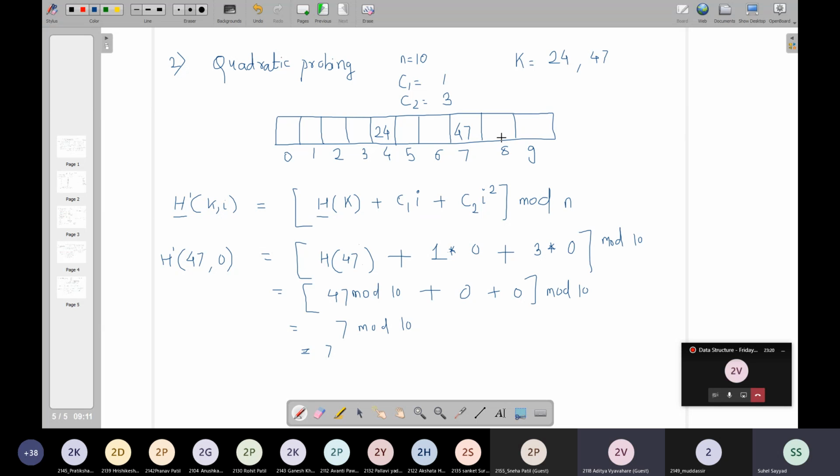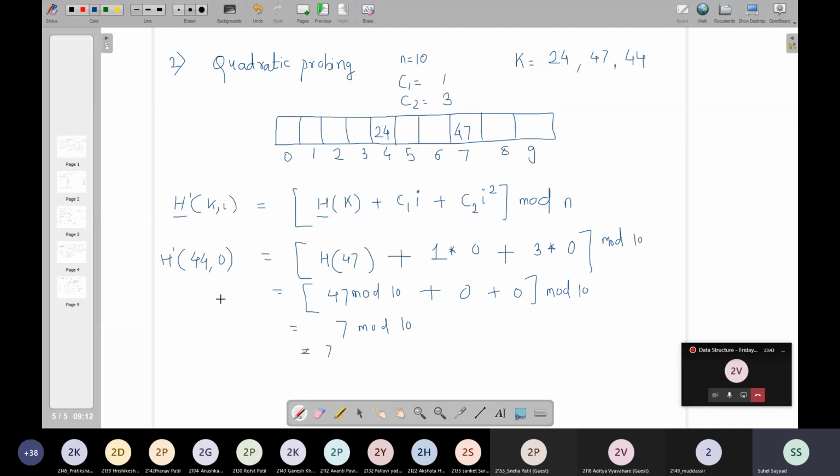Now suppose I take some collision example so that it will be more clear. Suppose I take the next key value as 44. So we are solving now. First, as I told you, for every new key value, the value of I will start from 0 initially. So we have to solve first h dash of 44 comma 0.